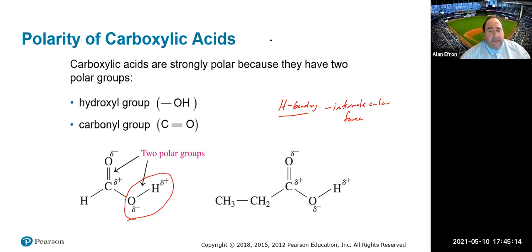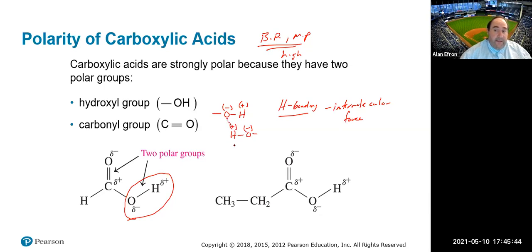If you have the ability to do that, usually things like boiling point and melting point are typically high, because it takes a lot of energy to break them apart. So unlike, say, an alcohol, which up until now has been the highest in boiling points and melting points because of the hydrogen bonding it can do with itself, along with other things.